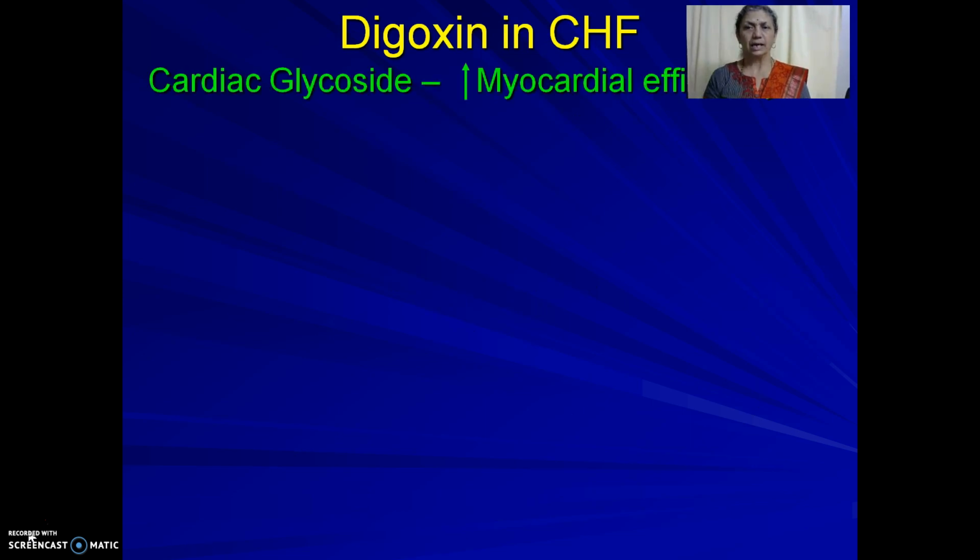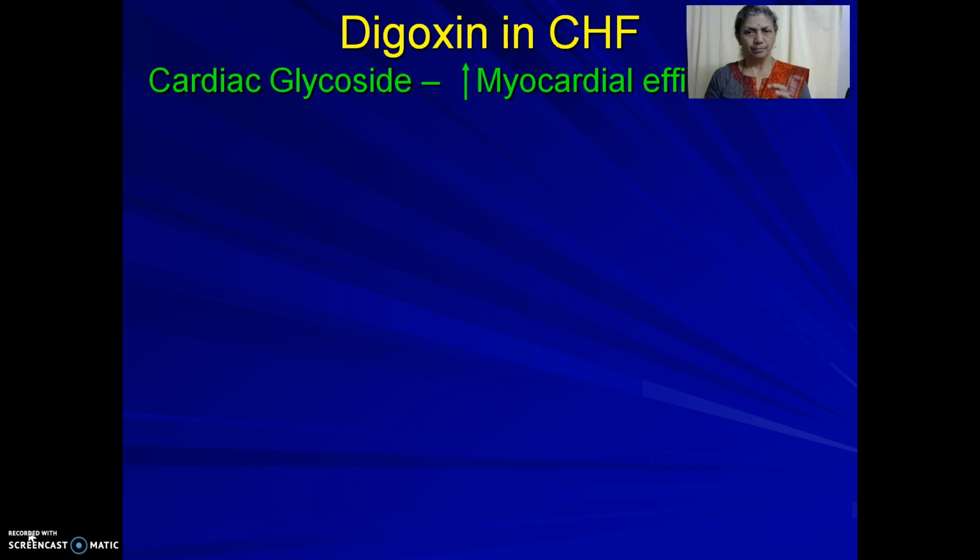Chemically, digoxin is a cardiac glycoside. Glycoside tells us about the chemical structure, which improves the myocardial efficiency. What do you understand by improved efficiency? If we were to talk about motorcycles, the motorcycle which gives greater mileage for the same fuel consumption would be considered more efficient.